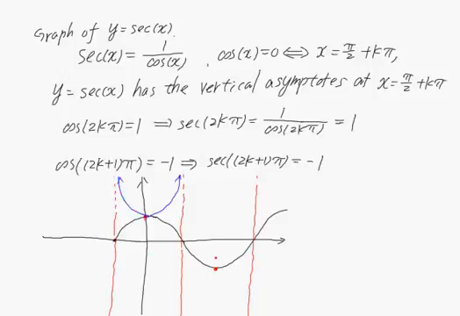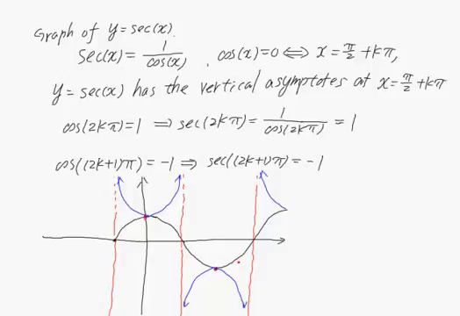And similarly, you can find the graph of the secant function in this interval. Okay. So for the other parts, you can also find the graph of the secant function.